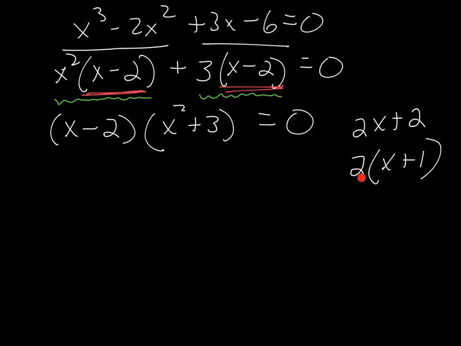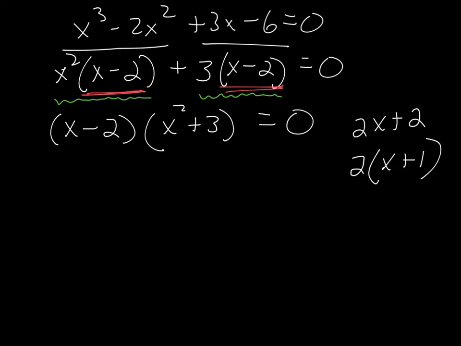Well, if I distribute this, that's 2x plus 2. So when I look at this, I saw that there was a 2 in both, and I put the 2 out front, and I rewrote whatever was left. There's an x still left here, and over here, since the 2's gone, it's just a 1 there now. 2x plus 2. All right, back to this.